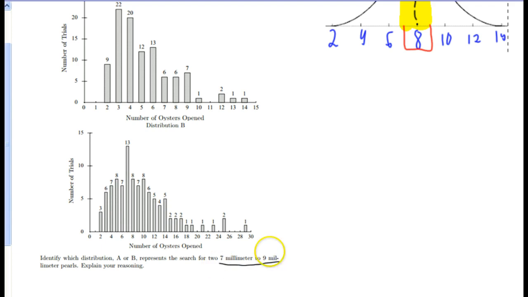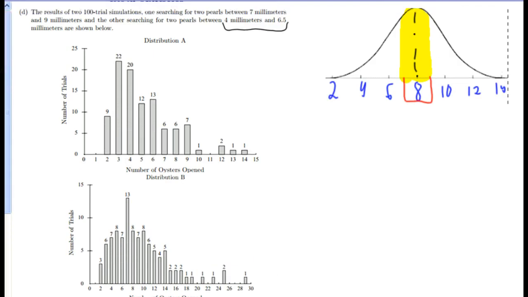So which distribution here is simulating finding 7 through 9. So we know that between 7 through 9 is a 40% chance, or 0.4. If we did from 4 to 6.5, this area in here, we could figure out it's definitely smaller than 40% just by looking at it.